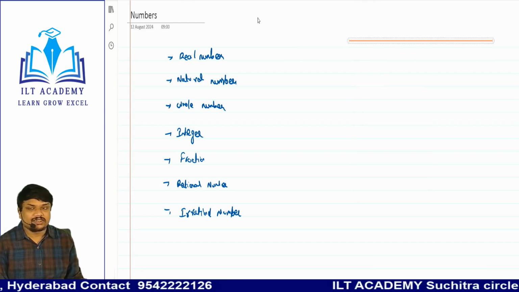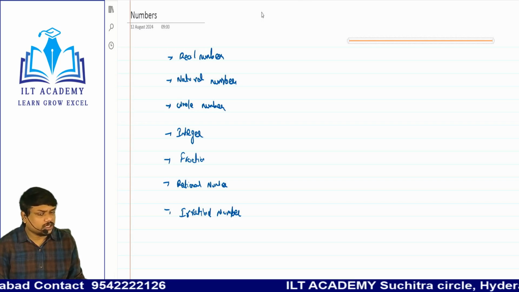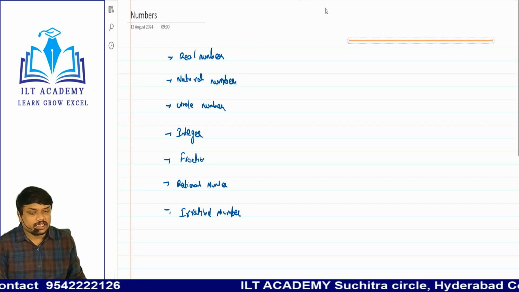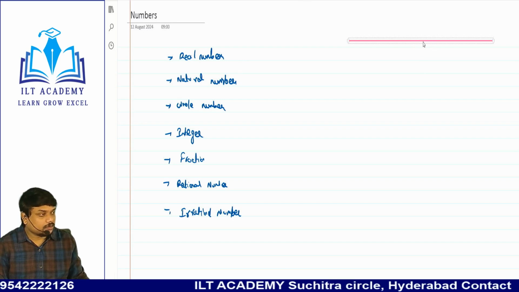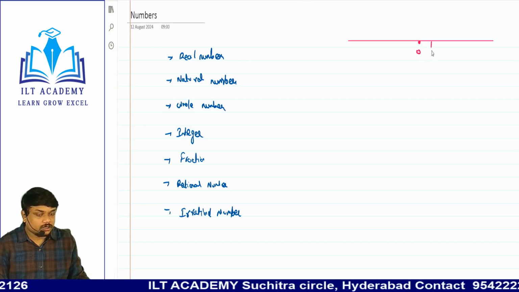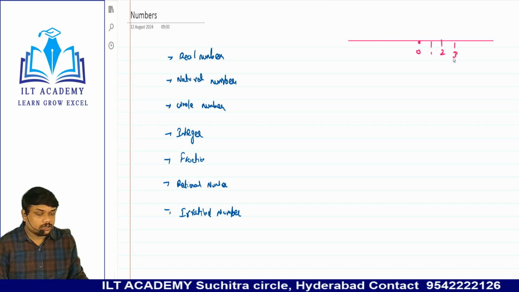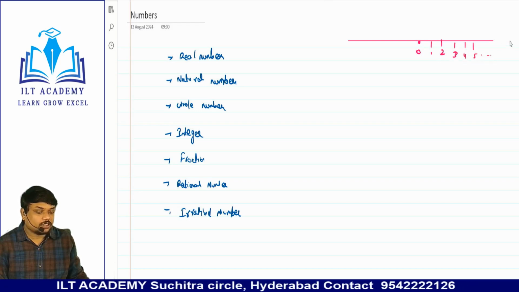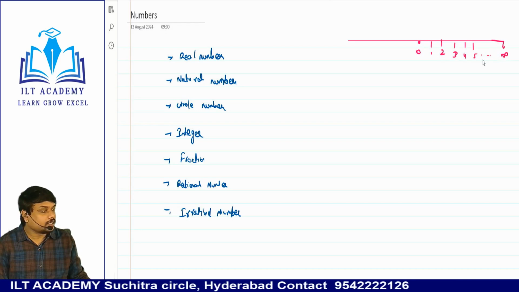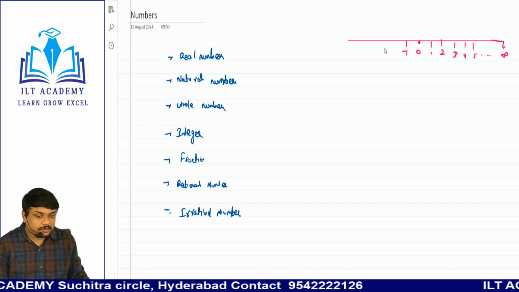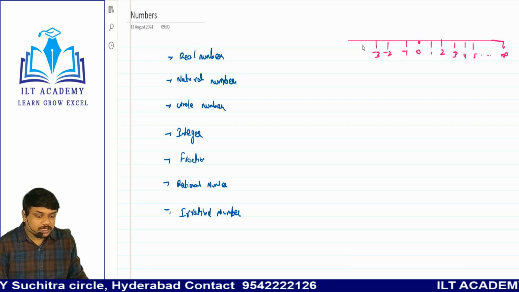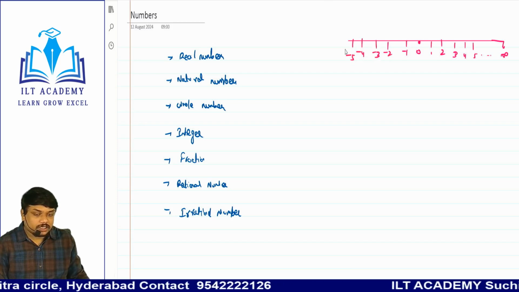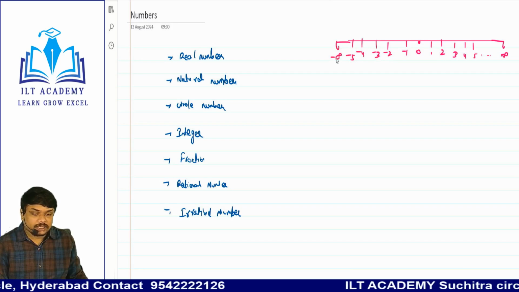Now see, generally we know what is a real number, what is a natural number, but let us understand this from a number line terminology. This is 0, 1, 2, 3, 4, 5 dot till here. I can term it as infinity, and here I can term it as -1, -2, -3, -4, -5. Here I can term it as minus infinity.